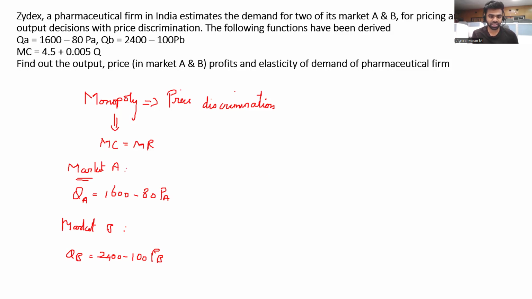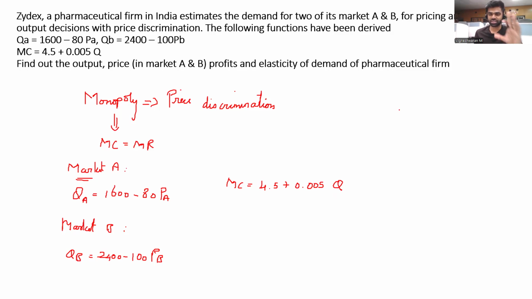Okay, P is price and Q is quantity. Now another thing they have given is MC. MC is equal to 4.5 plus 0.005 Q.